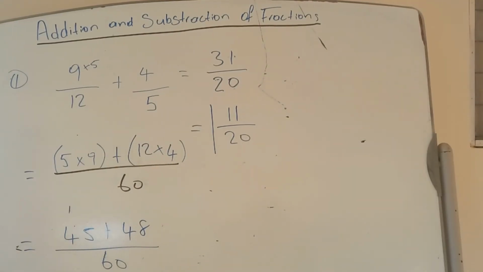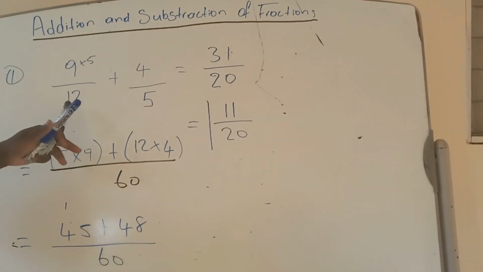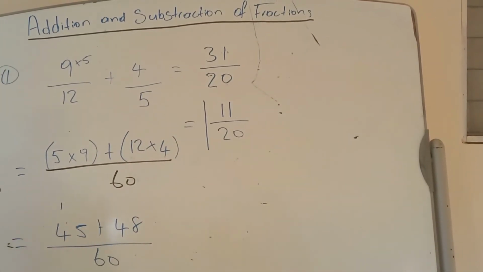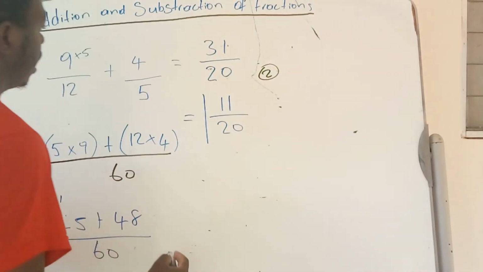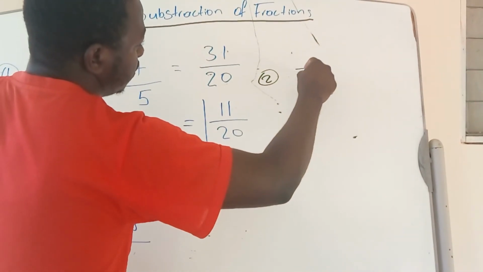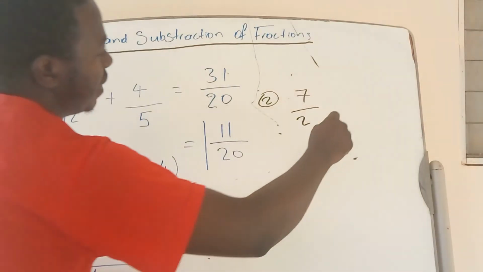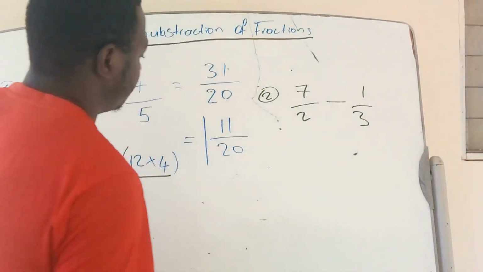Now let's look at another case where the denominators are not the same and you're asked to subtract. So example number 2. So let's say you have a fraction which is 7 over 2 minus 1 over 3.